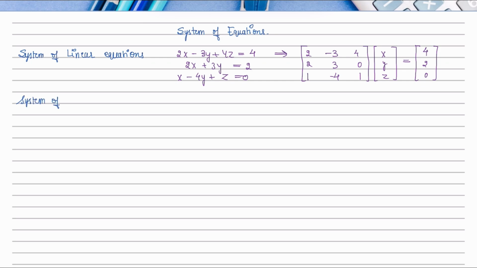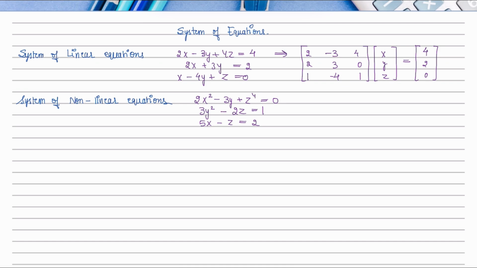Similarly, system of non-linear equations be 2x square minus 3y plus z to the power 4 is equals to 0, 3y square minus 2z equals to 1, 5x minus z equals to 2.